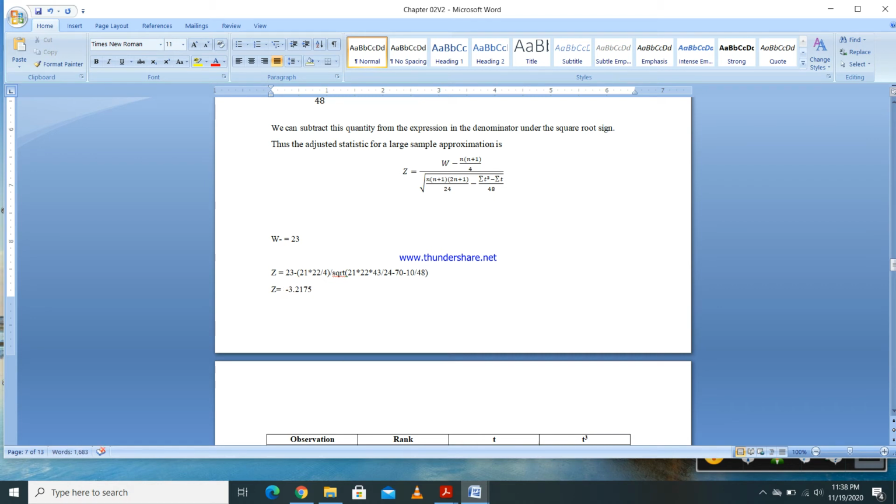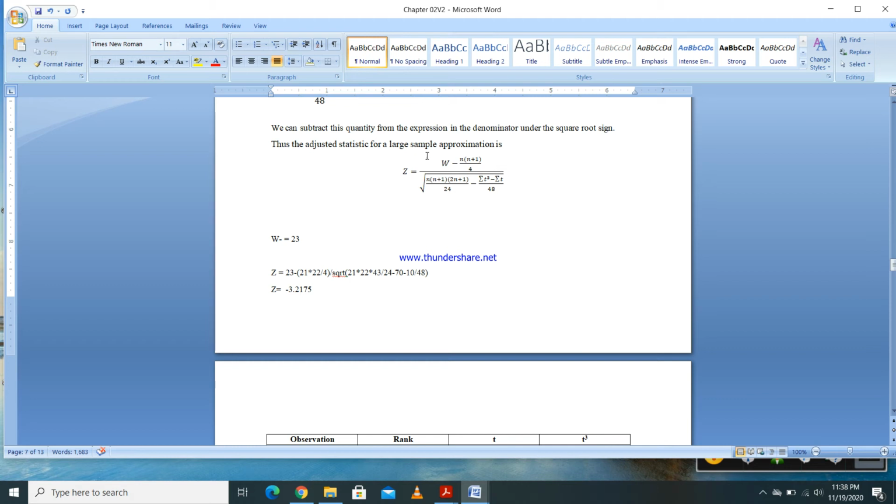So after calculating the z value, now we have to get the decision on our hypothesis. What is the decision, whether to reject it or accept it? We have to check the cutoff mark from the standard normal distribution.